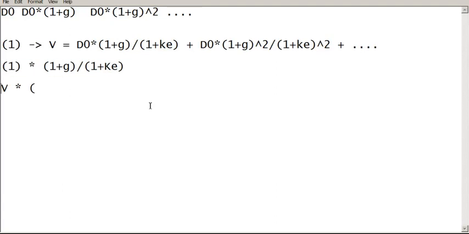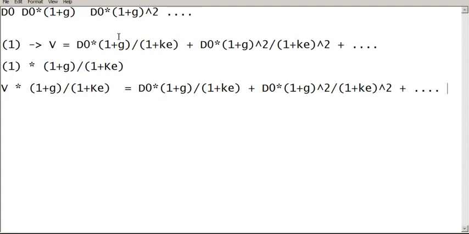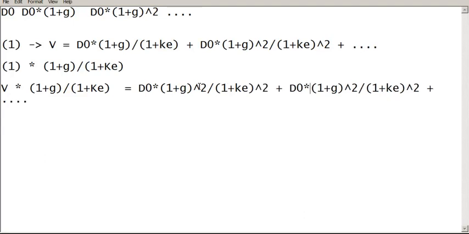On the right hand side, if you multiply the first term with (1 plus g) by (1 plus Ke), it will become to the power 2 and to the power 2. The next term will become to the power 3, and so on and so forth.